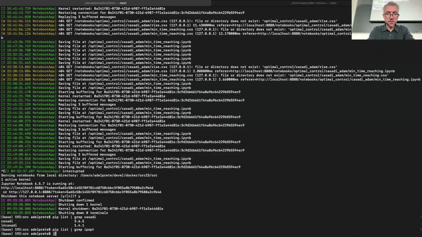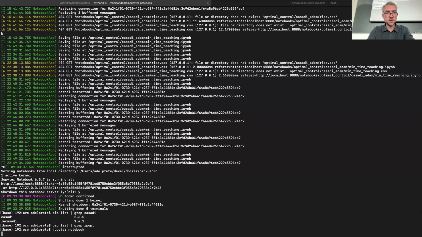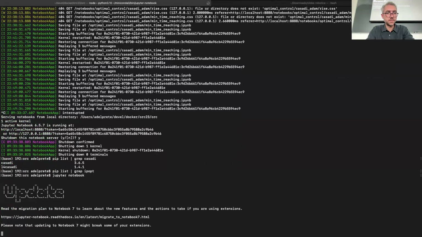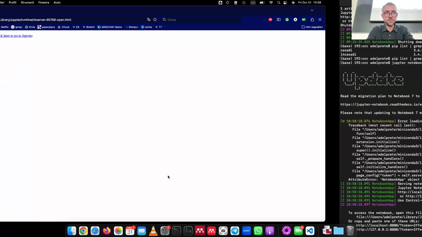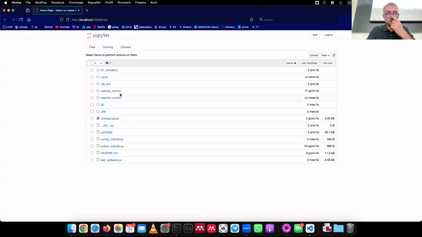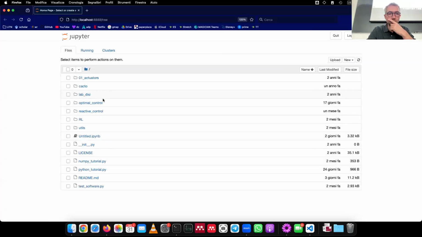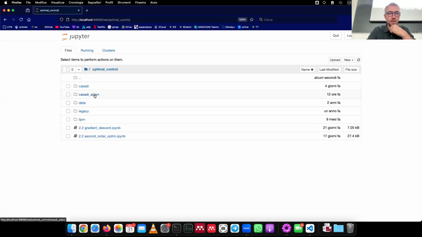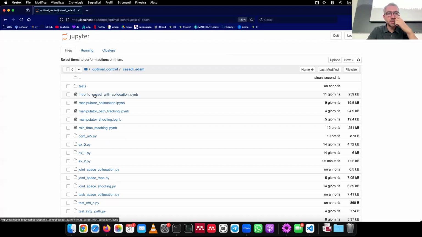So we can start Jupyter Notebook. And you can go to the folder optimal control, Kazadi Adam. Well, it's the same folder we were in before.